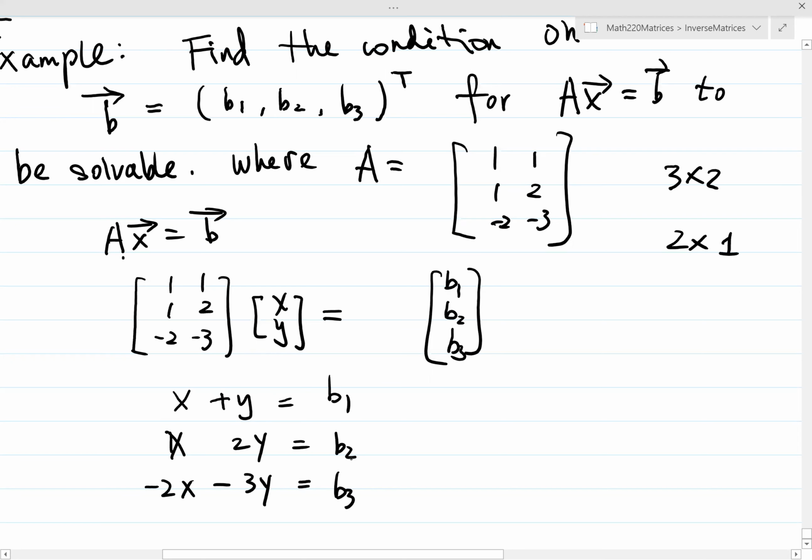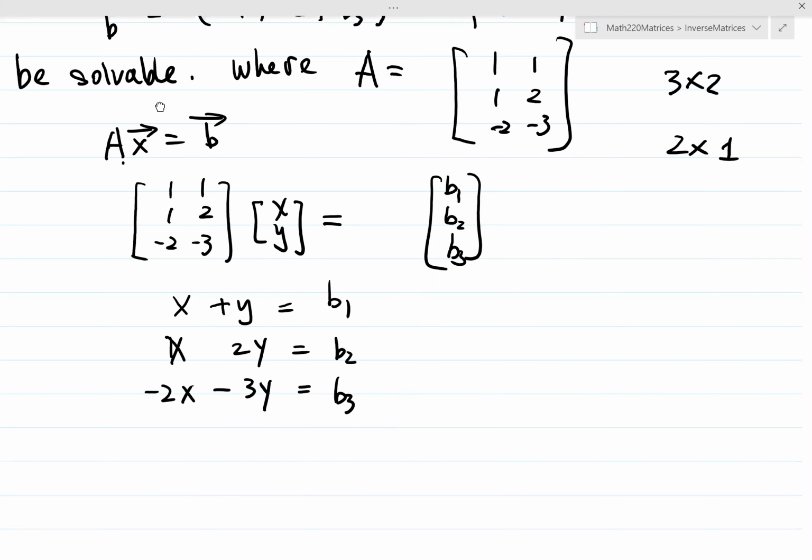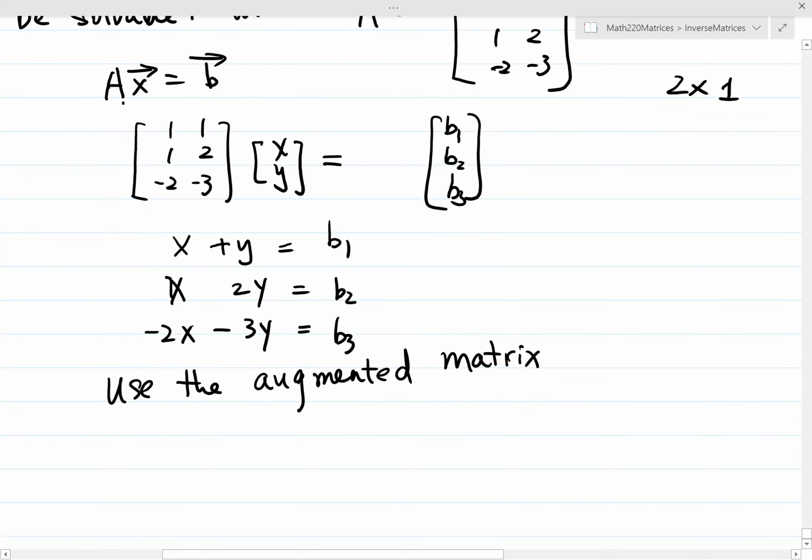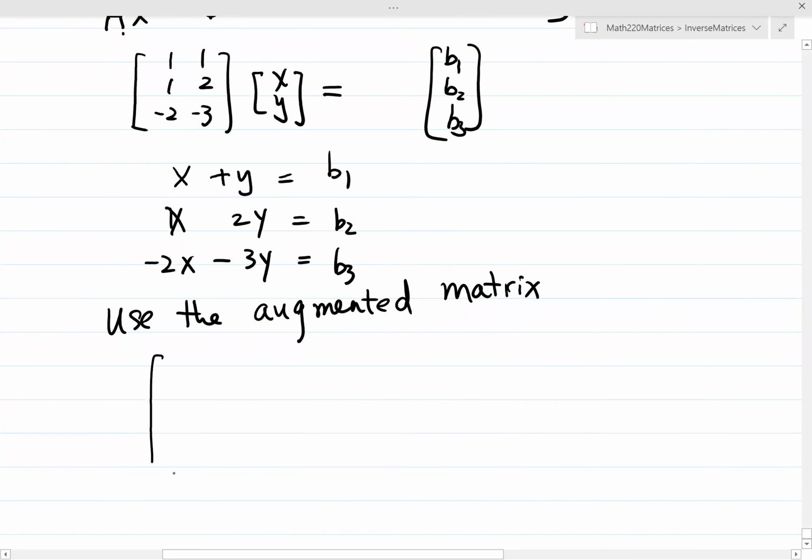If you write it as an augmented matrix, we can do it like this: 1, 1, 1, 2, -2, -3, with B1, B2, B3.